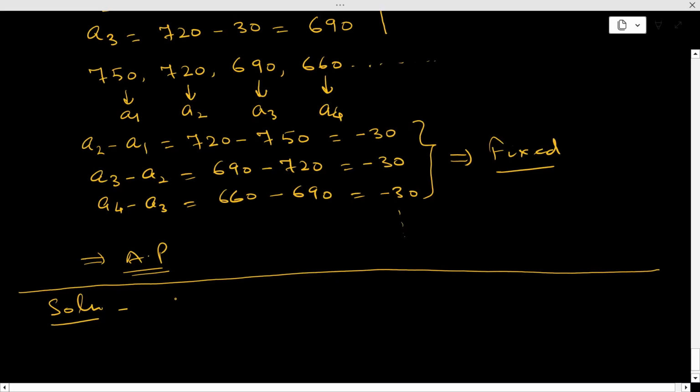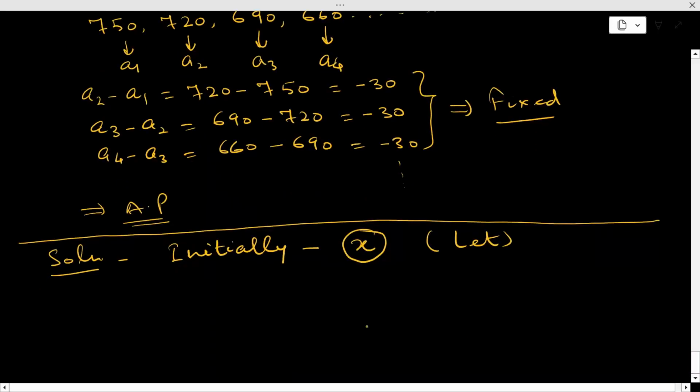So let us assume that initially the air in the cylinder can be considered as X. Okay, so this is our supposition. Now what is happening is that the vacuum pump is removing every time 1/3 of the air present in the cylinder.